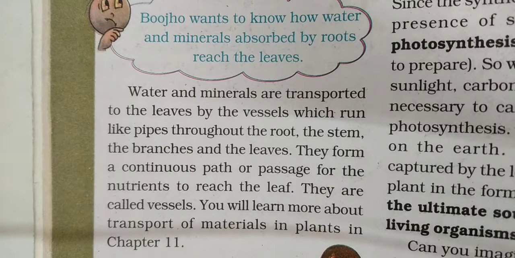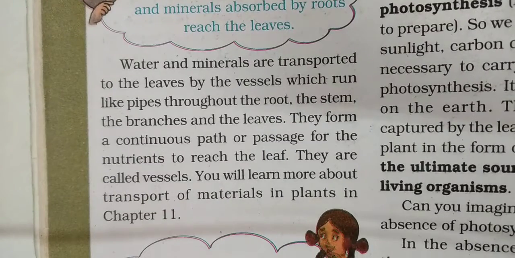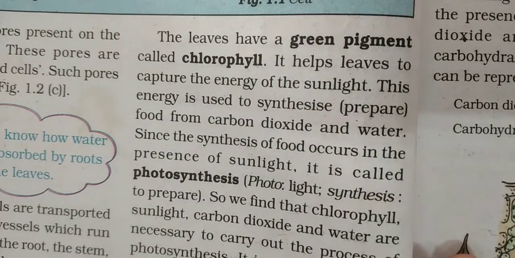So they form a continuous path or passage for the nutrients to reach the leaf, and they are called vessels. What are these pipelines called? They are considered as vessels. You will learn more about transport of minerals in plants in chapter 11.